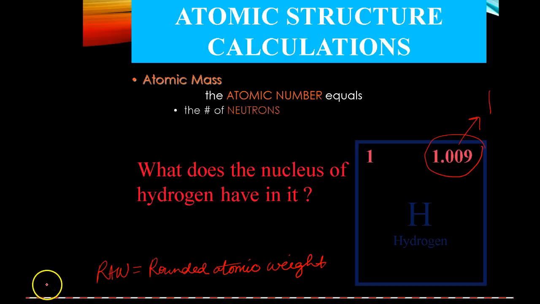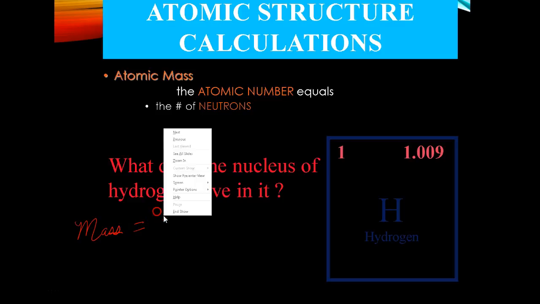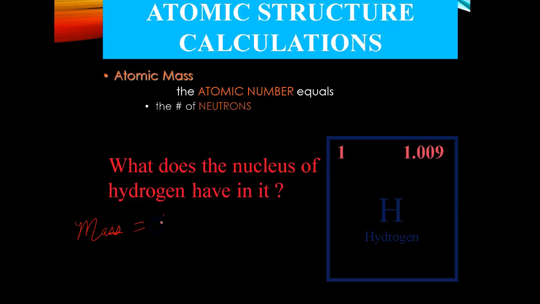All right, so what did you come up with? Remember, we're using the raw, and so if we calculate the number of neutrons, we know that mass, again, is equal to protons plus neutrons.